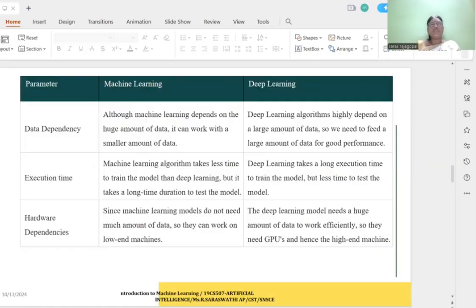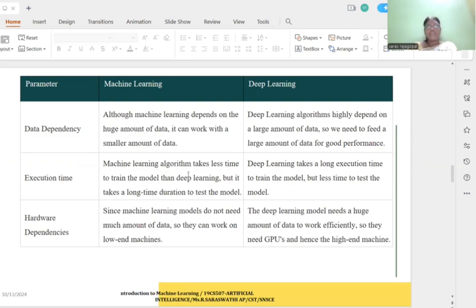These are some of the differences between machine learning and deep learning according to the parameters: data dependency, execution time, and hardware dependency. Machine learning mainly deals with a huge amount of data, but it can work with a smaller amount of data. Deep learning is highly dependent on a large amount of data, so we need to feed a large amount of data for good performance.